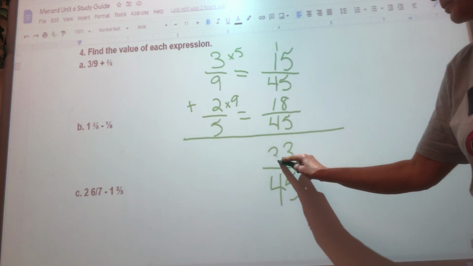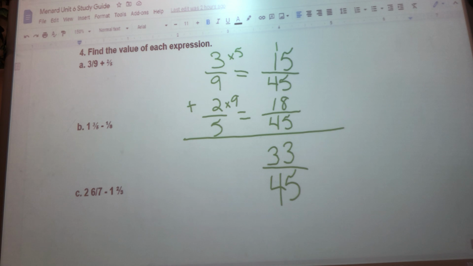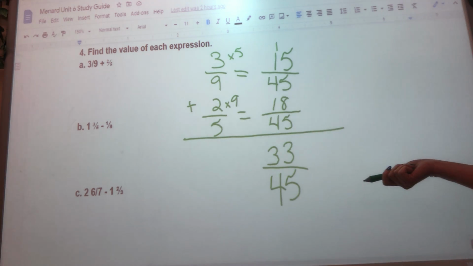3. Is it in simplest form? Because you always need to put things in simplest form. I know 2 doesn't work because they're odd numbers.